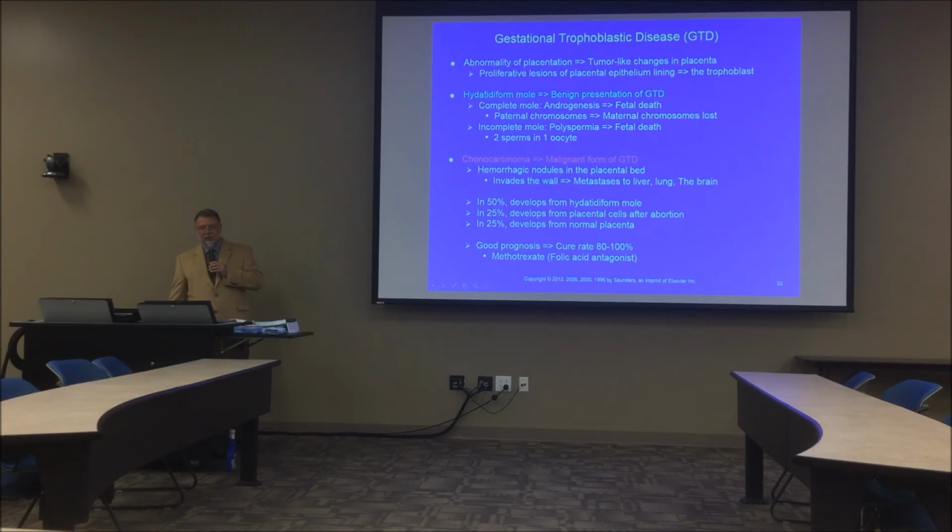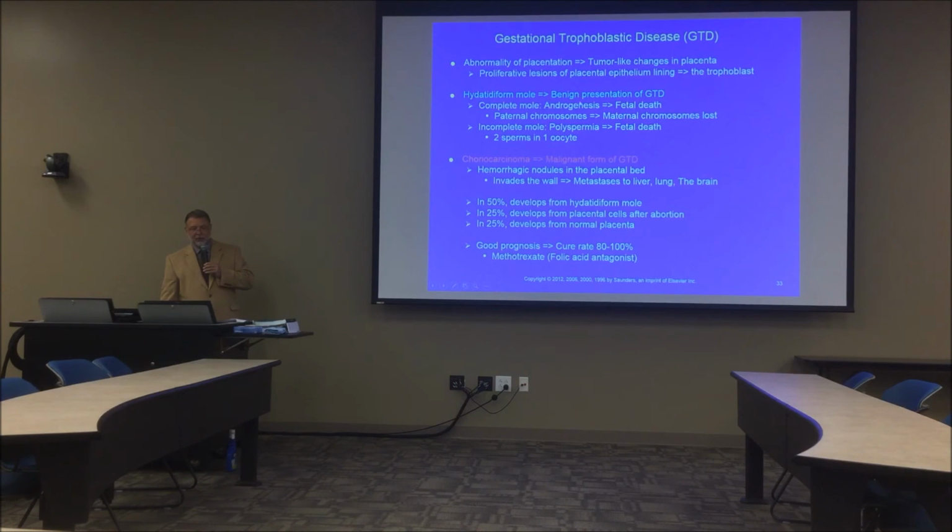Some gestational trophoblastic disease, probably two terms. The mole, hydatidiform mole, which is a benign presentation of this type of placentation. This is about the trophoblast. Remember, the trophoblast is going to form the placenta. And there's choriocarcinoma, which is the malignant form.